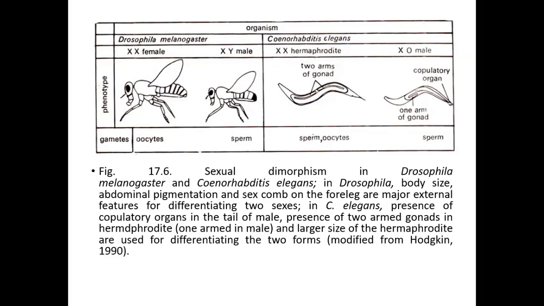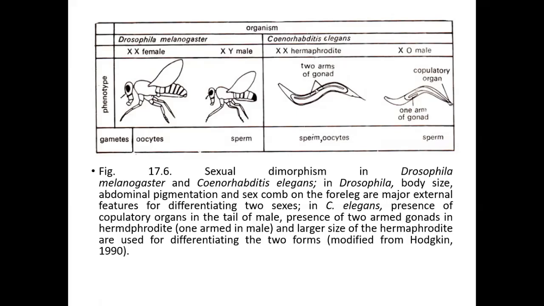Okay, so here also you can see sexual dimorphism in Caenorhabditis elegans, that is C. elegans, which you can compare with Drosophila melanogaster. C. elegans is a nematode, in which two types of individuals are found: XX self-fertilizing hermaphrodites and XO males. Compared with Drosophila, the hermaphrodites are believed to be females only in some somatic tissues, and mixed in the germline cells.